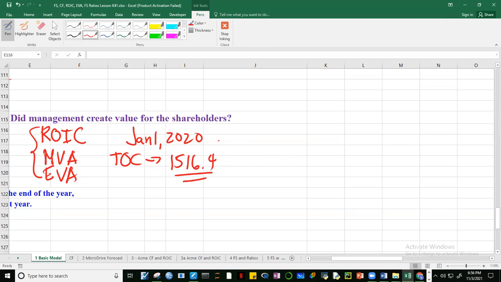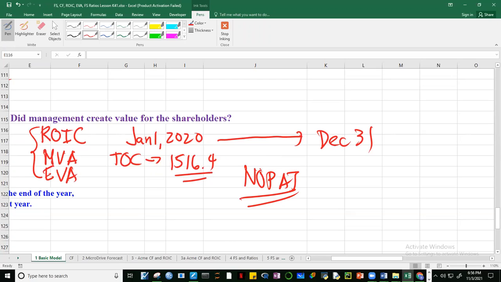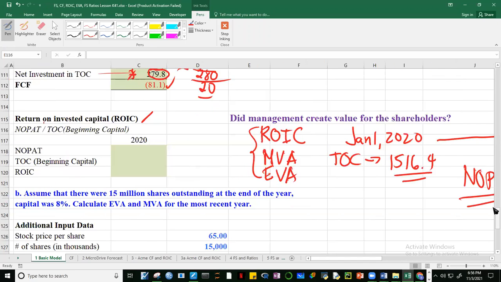From January 1 up to December 31, management was able to generate an operating profit, which we call NOPAT, the net operating profit after tax. How much was the operating profit which management generated for the firm?